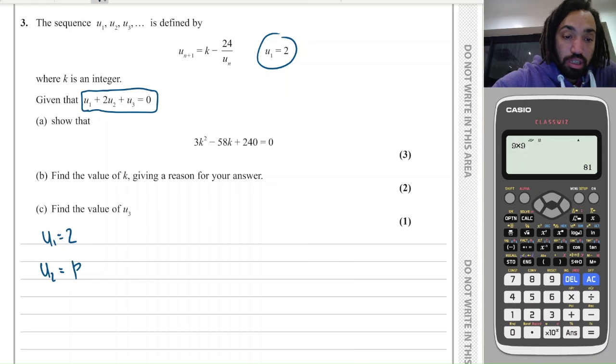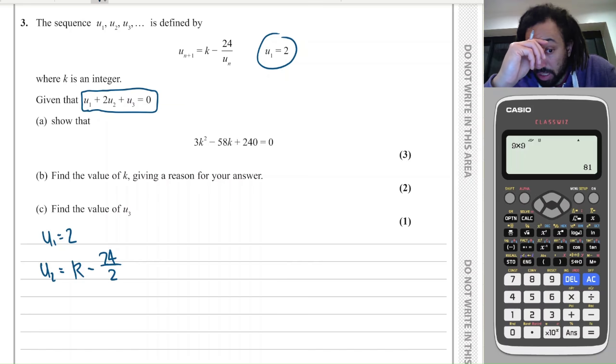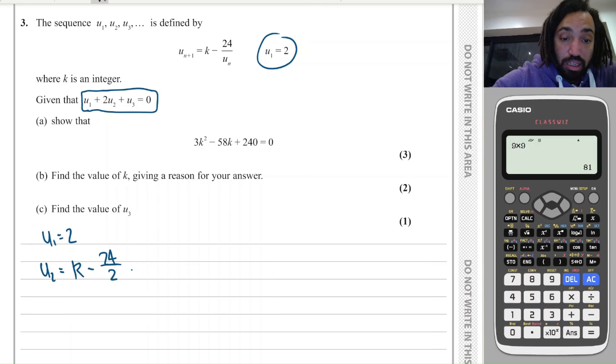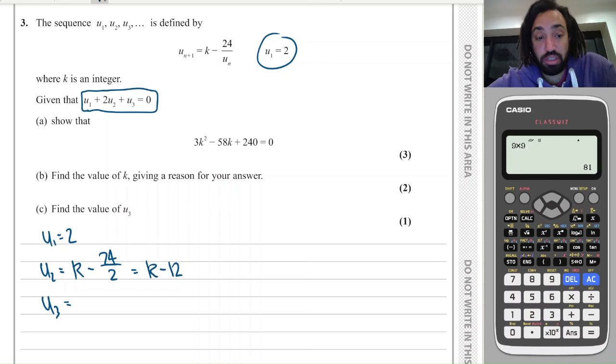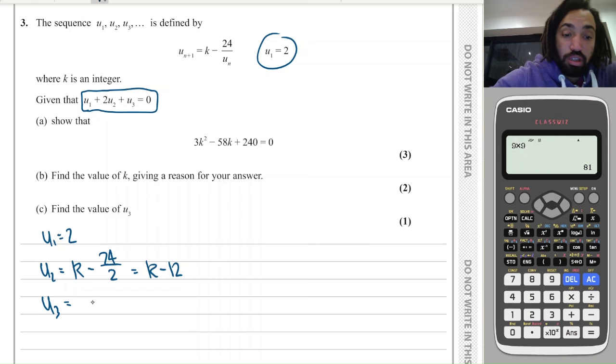So I get k minus 24 over 2 because that's u1, and that gives me k minus 12. So then u3, I need to sub in the last expression which we obtained, which was k minus 12. So it's k minus 24 over k minus 12.